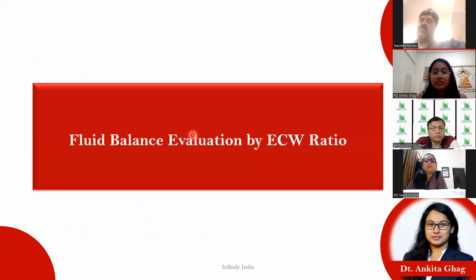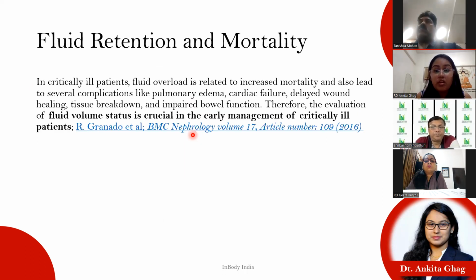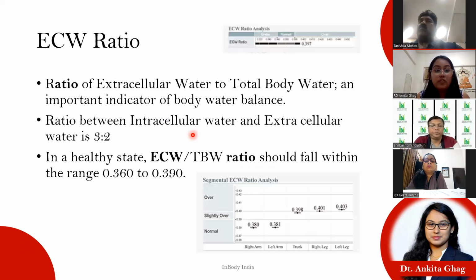Now, why am I focusing more on the water levels? Fluid retention is commonly seen in the person who has a higher risk of mortality. So now we have this intracellular water versus extracellular water. Intracellular water is always at 3 and extracellular water is always at 2.